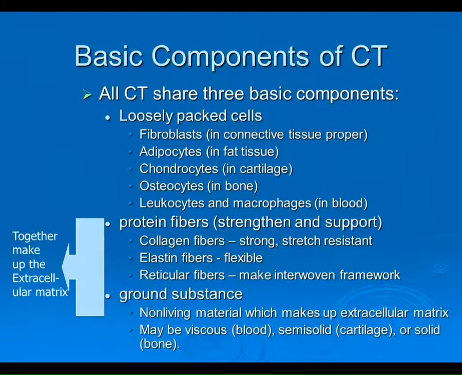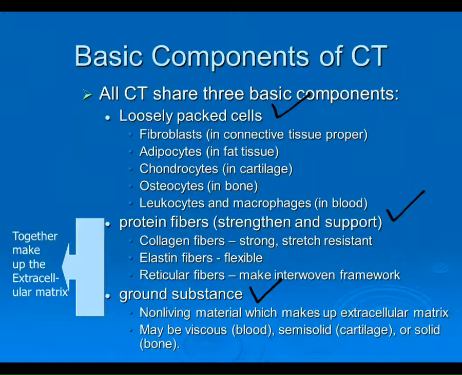You already know what drives this group. You know that all of the connective tissues, blood, bone, fat, and cartilage, are united by the following characteristics. They all are composed of loosely packed cells. They all have around them a ground substance, that is the non-living stuff around the cells, and within that ground substance there are protein fibers.